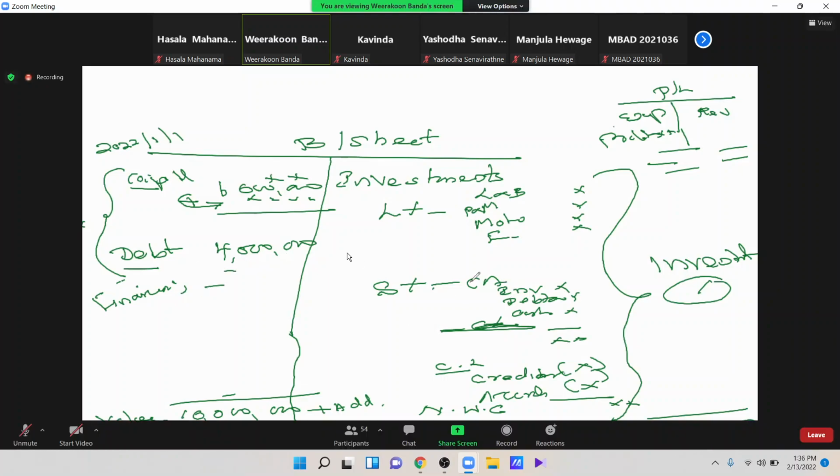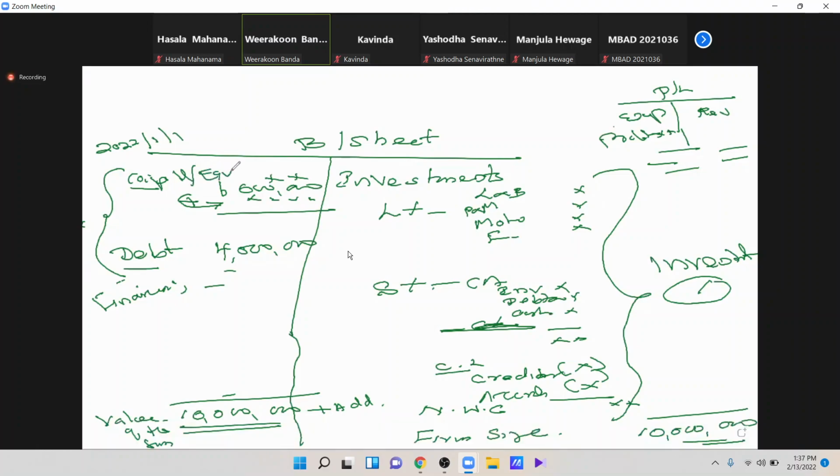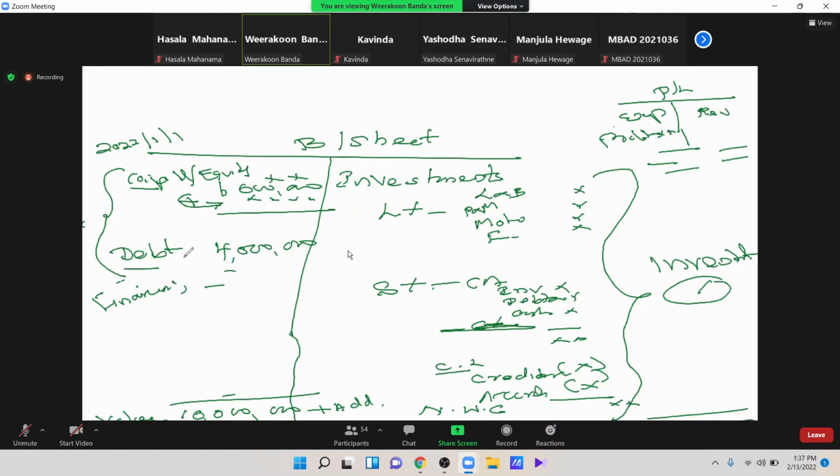So here, if it is equity share capital in a public company, this represents the equity capital. The debt capital may have different types, maybe debentures, bonds, bank loans, or some other loan from some other institution.